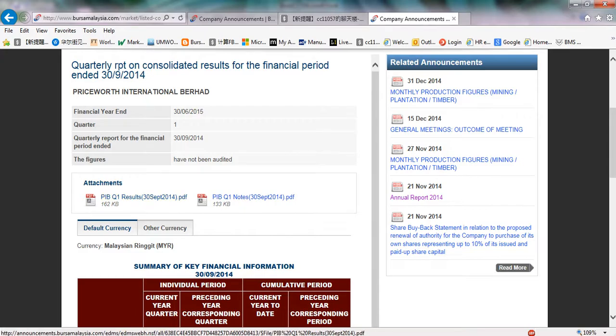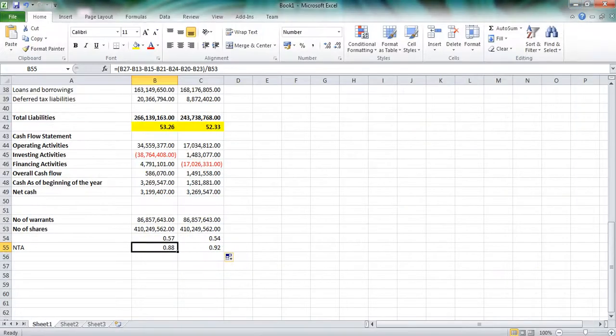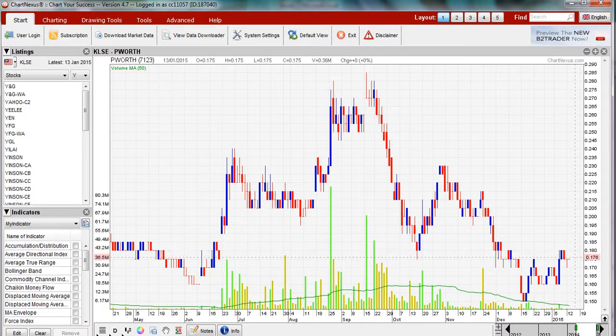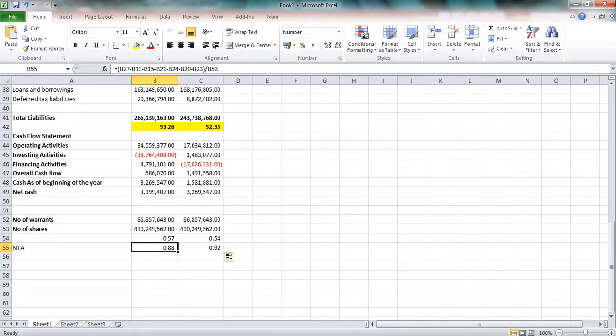This is not in this explanation, so I will not go into details on that. Just have a look over here. So the current share price is 0.175. Not much change over there. Okay, that's how it is.